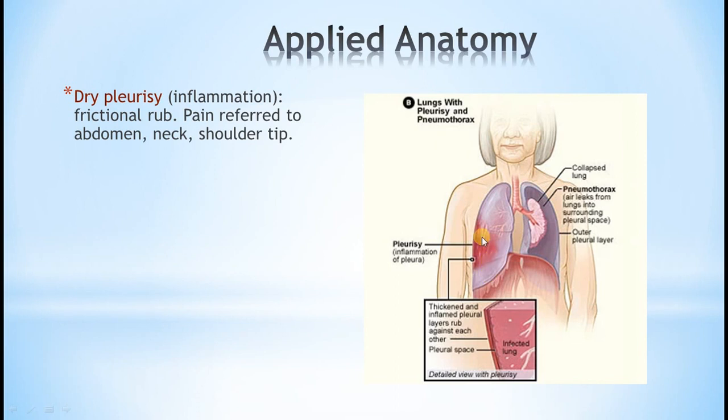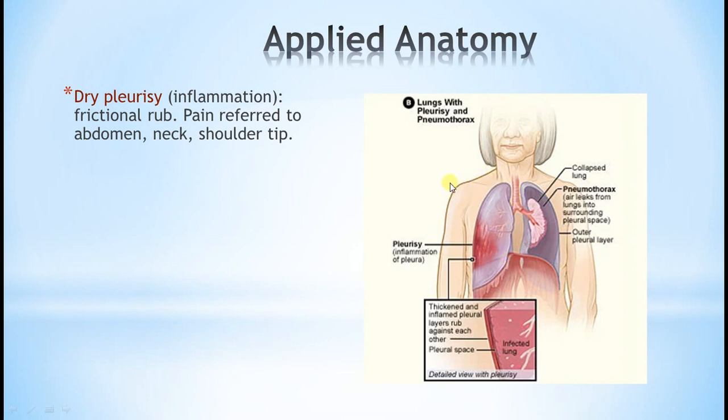Now based on where it occurs, if it is along the lateral peripheral parts, then naturally the pain is referred to the abdomen and neck because of the intercostal nerves. If it is the mediastinal pleura and medial part of the diaphragmatic pleura, the nerve supply is by the phrenic nerve. Then naturally pain will be referred to the shoulder tip, referred pain. Why? Because the phrenic nerve is C3, C4, C5.